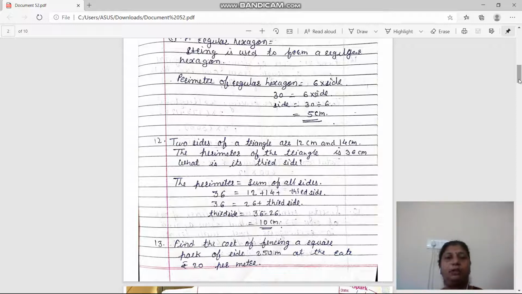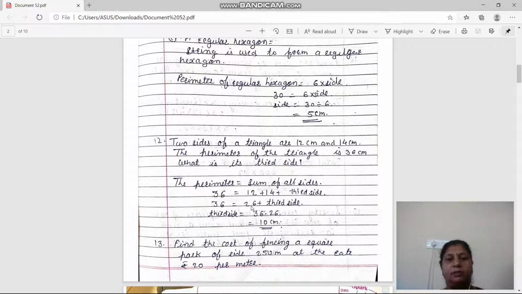So the perimeter of a triangle is equal to the sum of all sides. Now what is the perimeter given? 36. So sum of all sides means 12 plus 14. Third side, do you know? No, we don't know. That's why we have to write here third side. Let's see here. 36 is equal to 12 plus 14 plus third side.